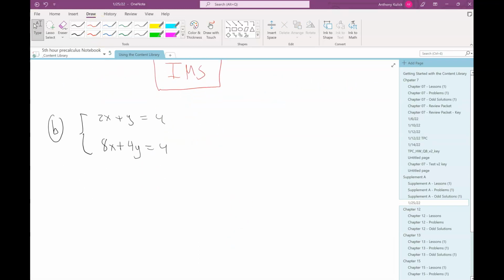So here we have 2x plus y equals 4 and 8x plus 4y equals 4. So again, we'll start by rearranging. So I'll subtract 2x from both sides.